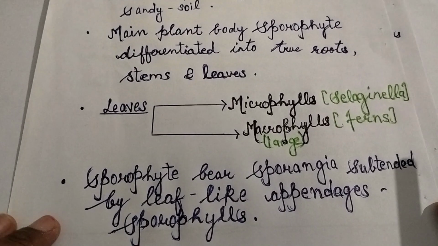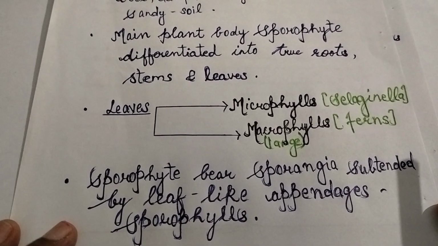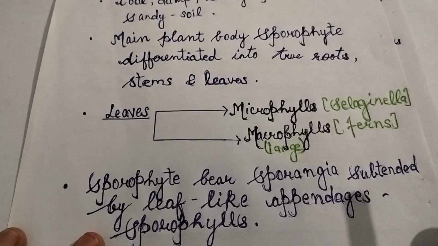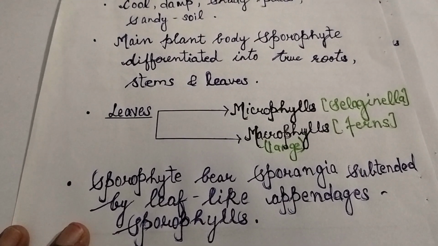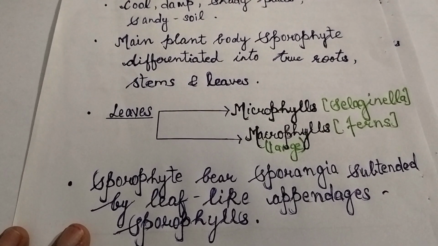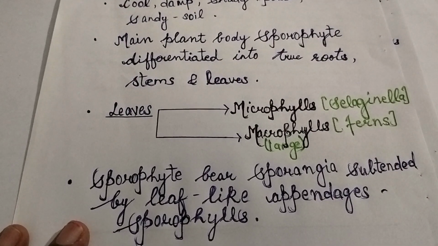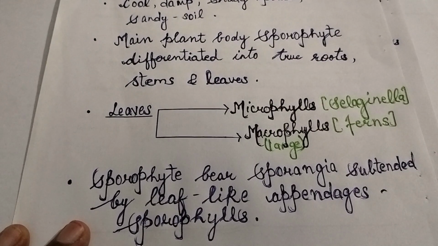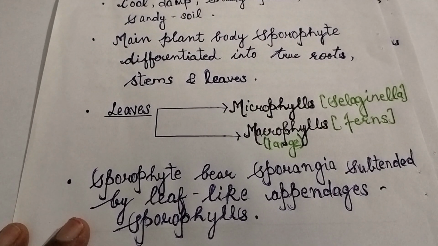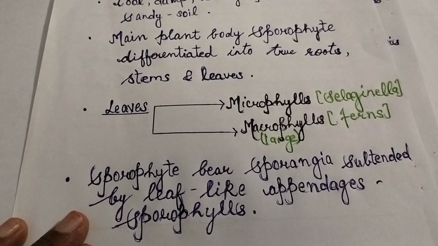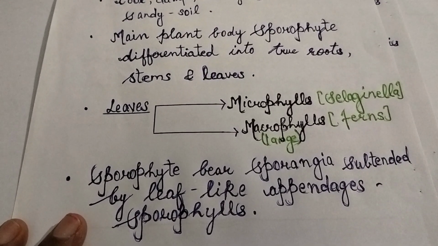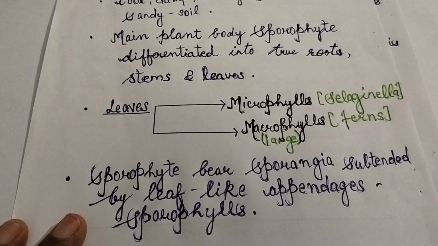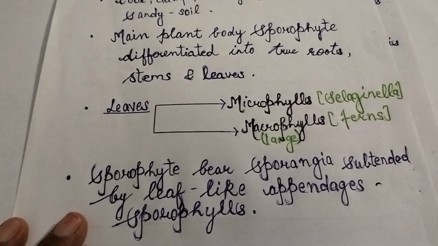Now next, sporophyte bears sporangia. You remember sporangia? Spore bearing bodies. So sporophytes bear sporangia that are subtended by leaf-like appendages, and they are called sporophylls, means the leaf-like appendages which carry the sporangia.